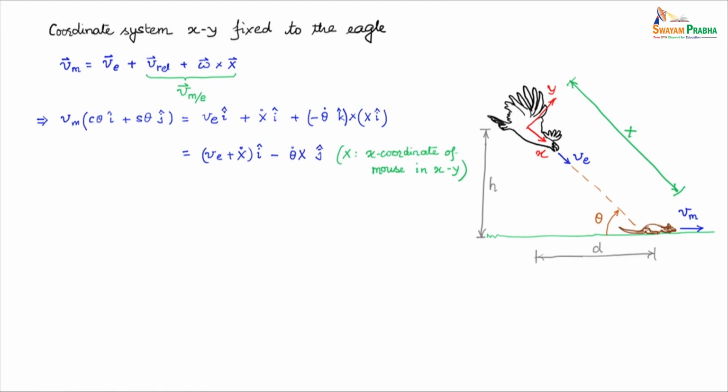Once you do this rearrangement, then on the right hand side, along the i cap direction I have V e plus capital X dot, and along the j cap I have minus theta dot times the x coordinate.